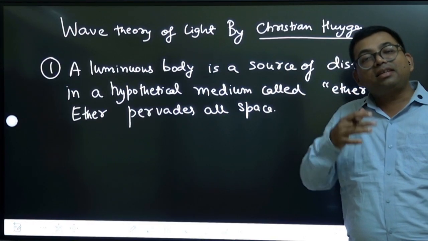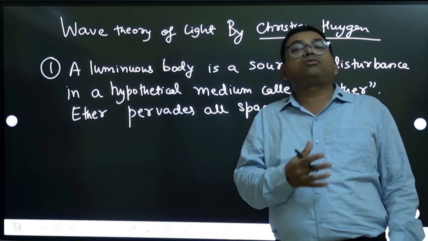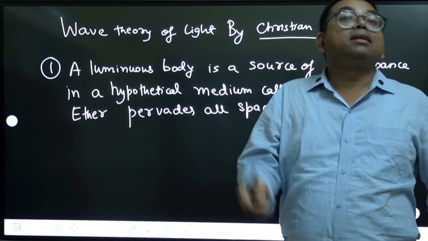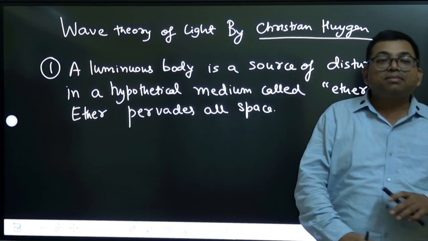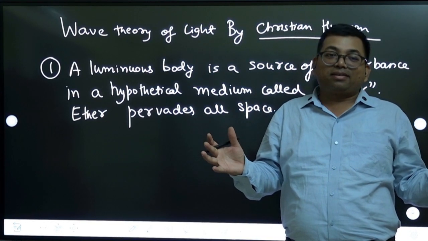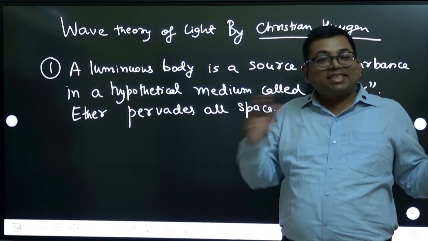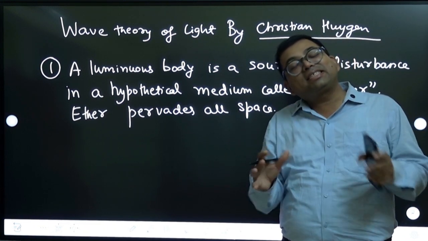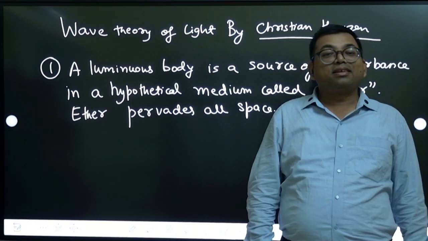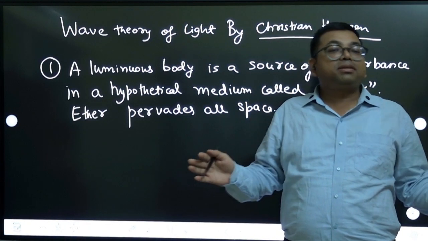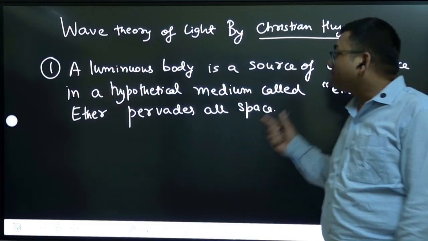He says that even in space, where you say there is no medium, there is a medium called ether. There is a medium already existing everywhere. Inside the sun also it is existing. Everywhere such a medium exists, which he calls ether.